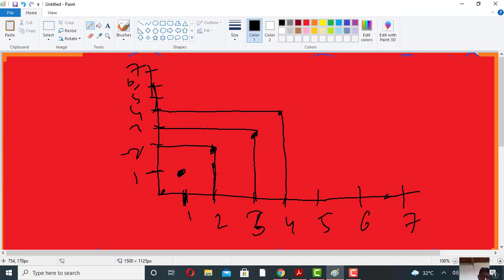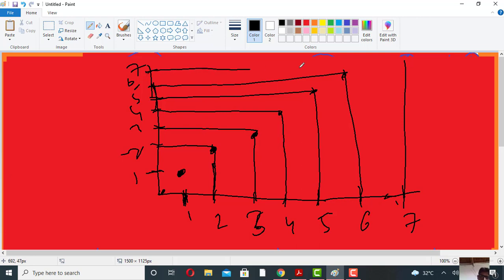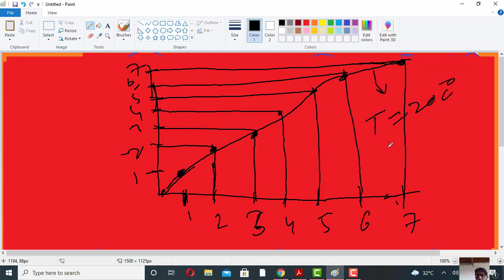And likewise during experiments 4, 5, 6 and 7, these were the various concentrations of sulfur dioxide in the air and water at 20 degrees and 1 atm pressure. So this curve is obtained at 20 degrees and 1 atm.